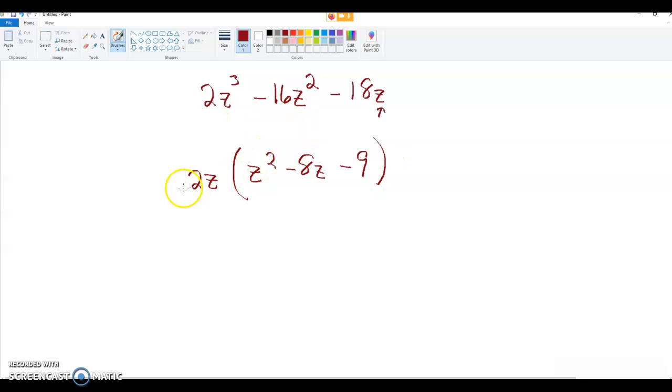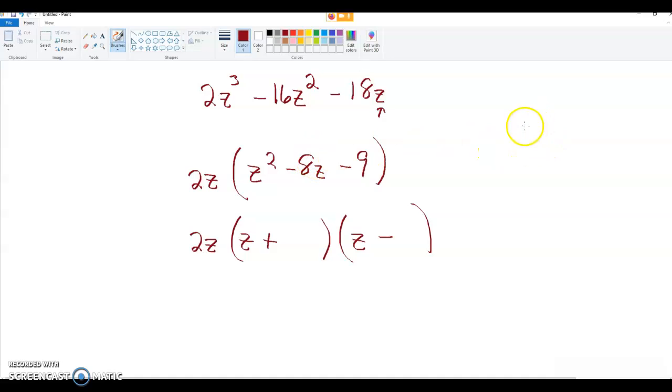I now have this in the form of ax squared plus bx plus c. So I can keep this 2z, bring it down, and I can do my bubbles. And now I need to look to see. I'm going to put a z and a z. Both of these are negative signs, which means I'm going to have one positive and one negative. So I need to think, what times what equals a negative 9, but adds together to give me a negative 8?